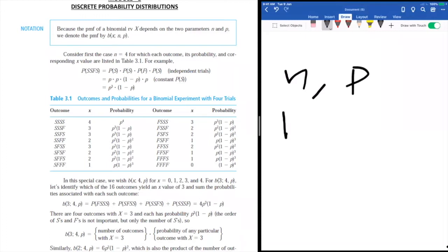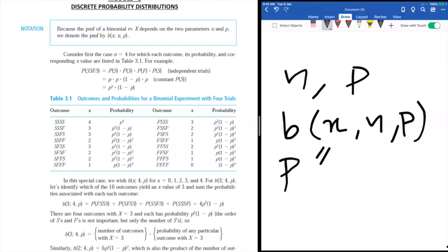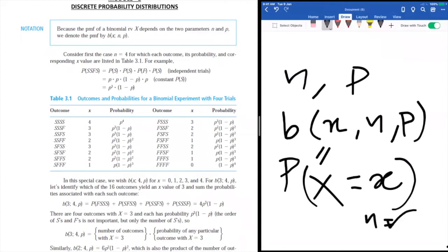We denote the probability mass function as b of x, n, p, which is the probability that the binomial random variable capital X takes the value x with number of trials n and probability of success p.